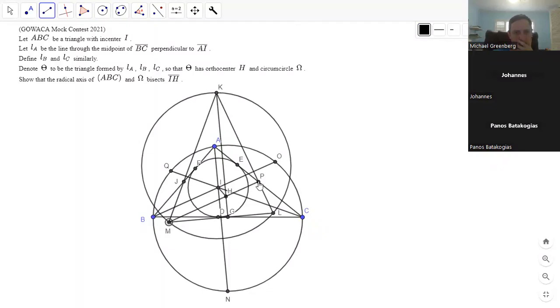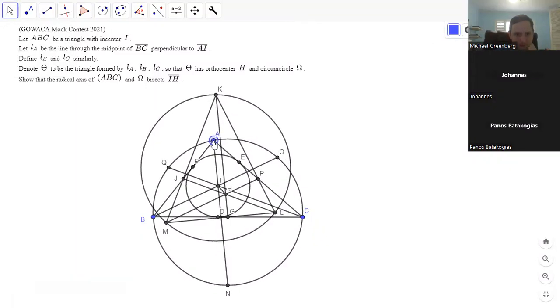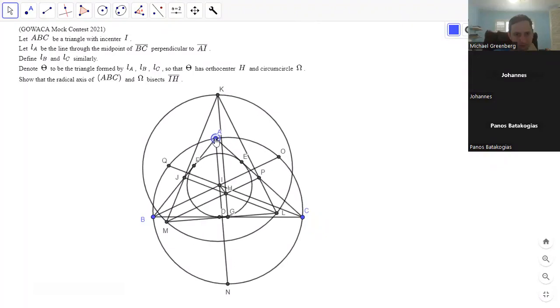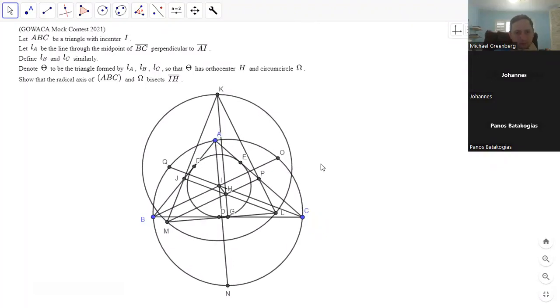All right. So G is like the foot of the altitude from K to LM. That's interesting. It's really interesting.